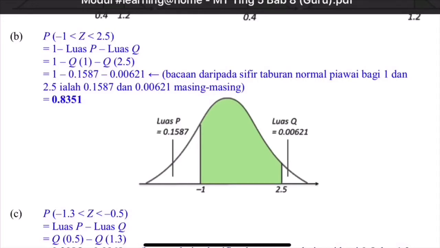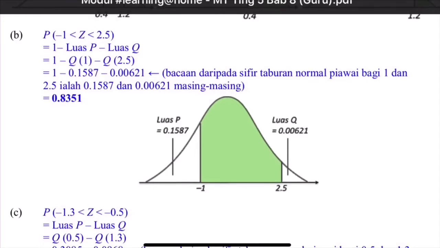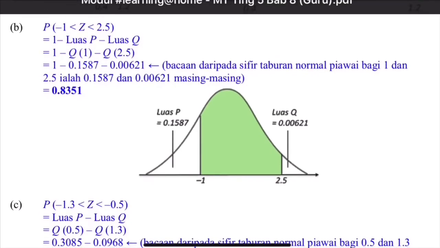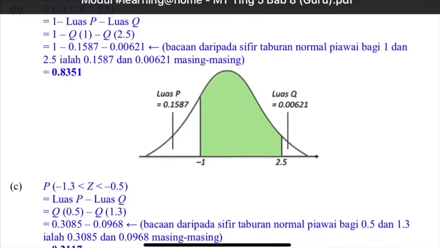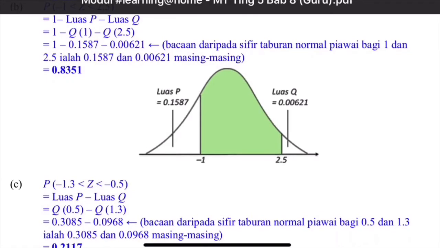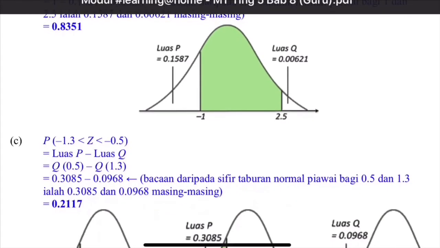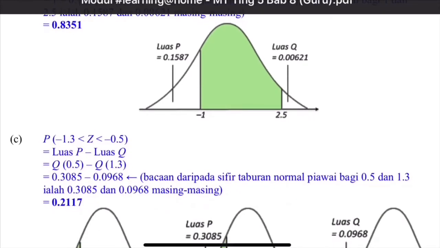You use 1 minus 0.1587 minus 0.00621, and your answer is 0.8351. Okay, that is the area shaded in green color. So you label accordingly. Make sure you really label your bell and you understand why you need to take 1 minus, the left one and the right one.